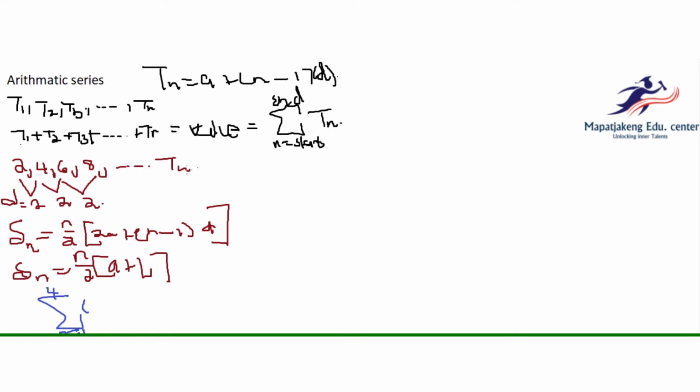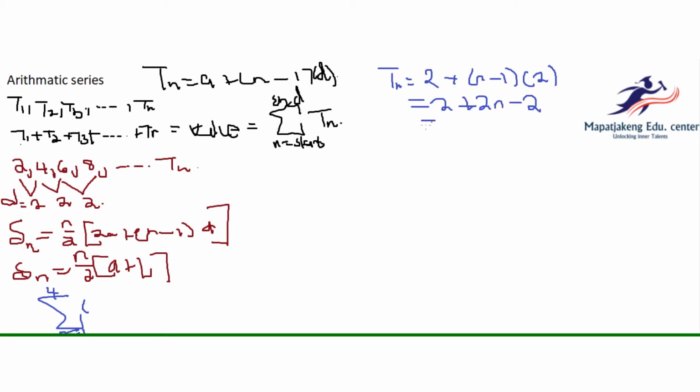This sequence can be defined as, remember, let's find the Tn for this. Tn is a, which is 2, the first one, plus (n minus 1), the difference is 2 as well. Then we end up with 2 plus 2n minus 2.